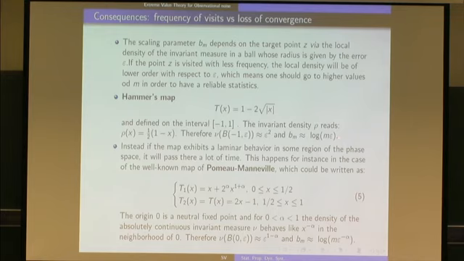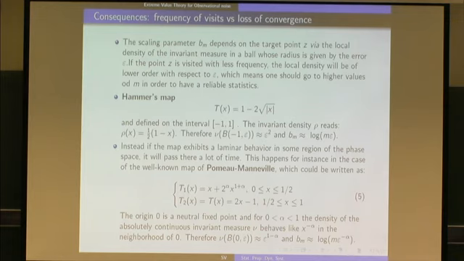So suppose we are around a point where the orbit doesn't spend too much time. In this case, we have to go to a higher value of M in order to get good statistics. It is exactly what is shown in the next talk about the application of this technique.